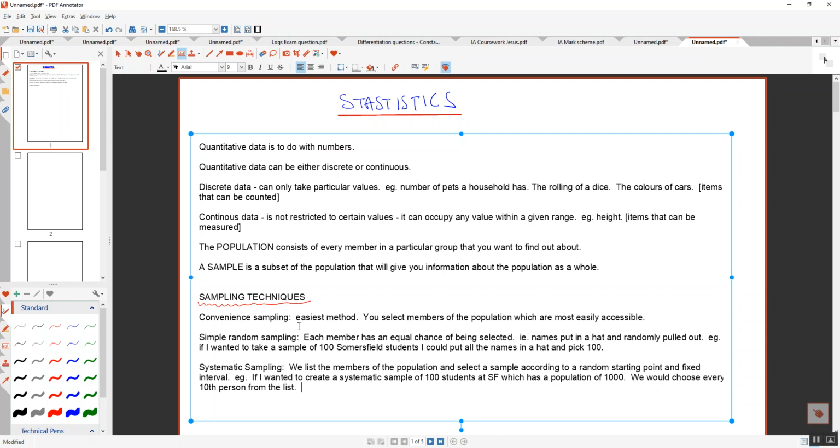Okay, so we would list them all, and then we're being more systematic about it. It's less random, but we're just picking every 10th person along the list, okay?